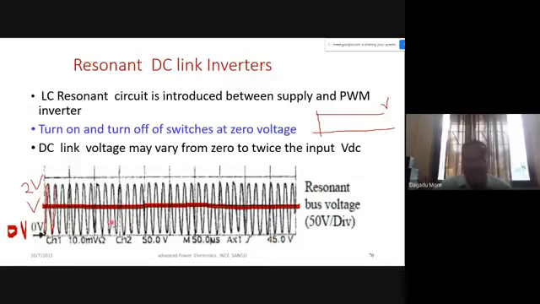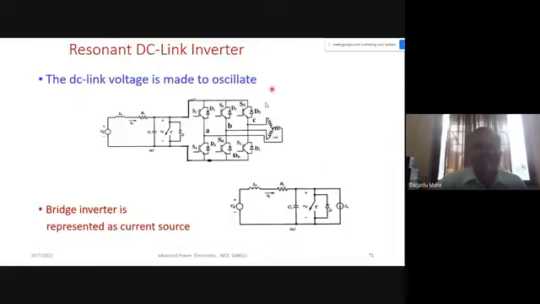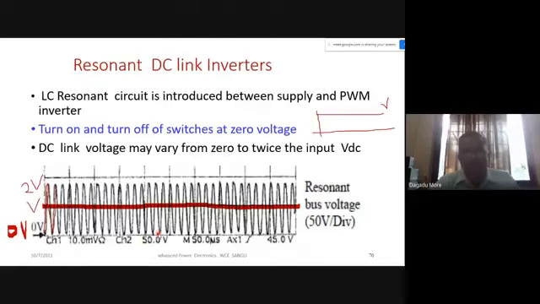And our inverter, we can turn it on and turn it off. Whatever switches we have in the inverter, we have to turn them on or off particularly when the DC link voltage is 0. And we have to get this from fixed DC.